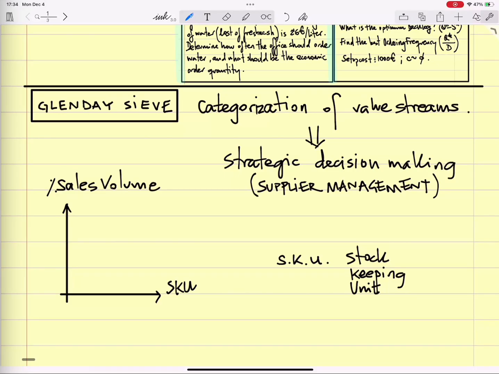So we perform 2 Pareto analyses, one based on sales volume.